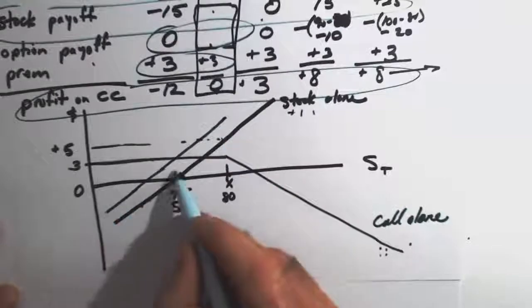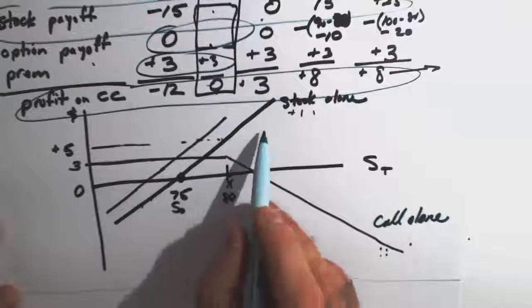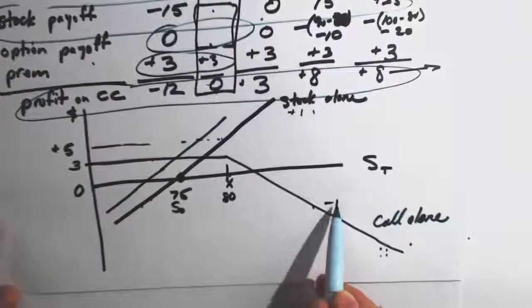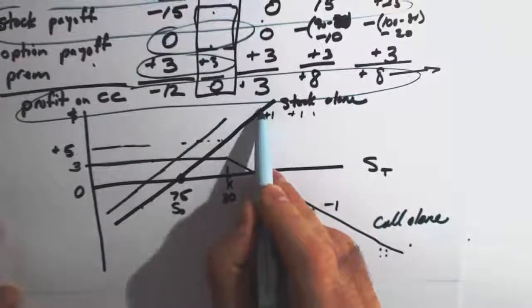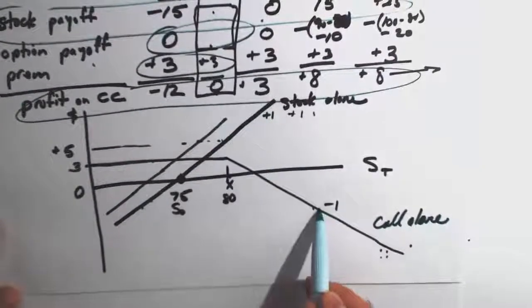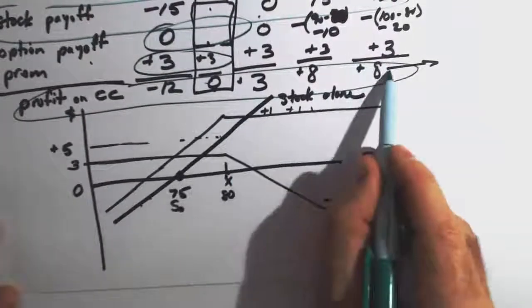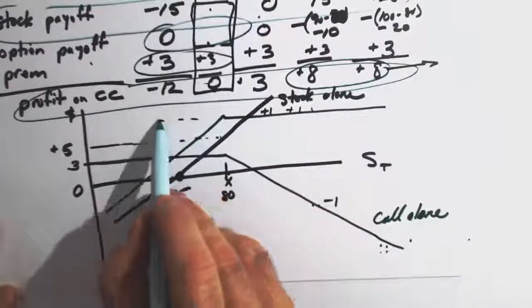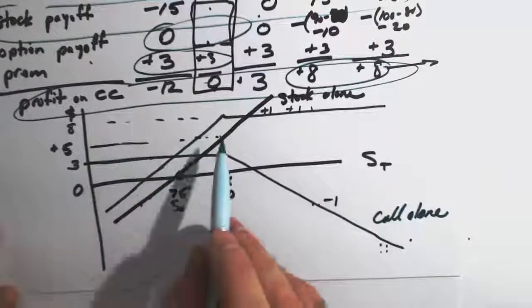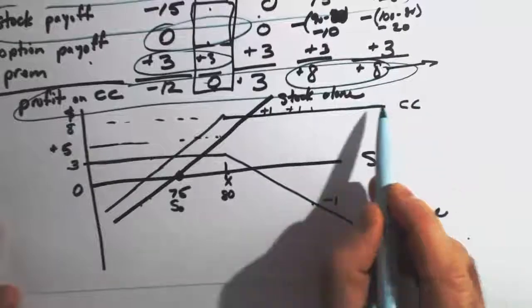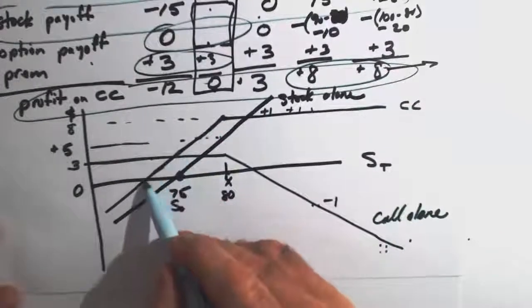Okay, it has a slope of +1. And when we get past X, we have a slope of -1 and a slope of +1 for the stock. They're going to net out, and it's going to flatline. And it's going to flatline at $8 a share. Okay, so here we are, flatlining. So this is a covered call, CC, a covered call position.